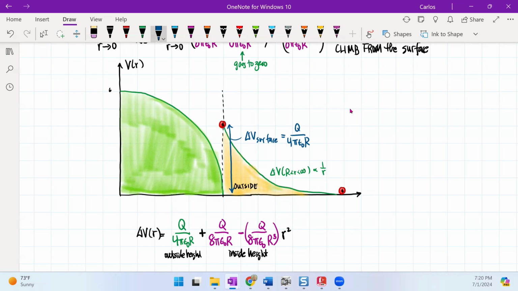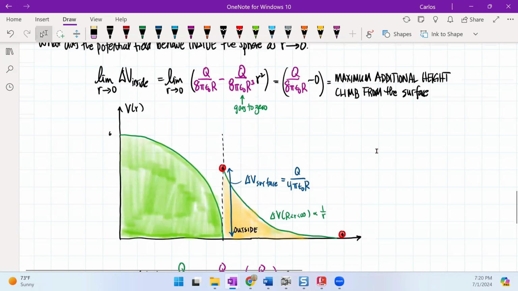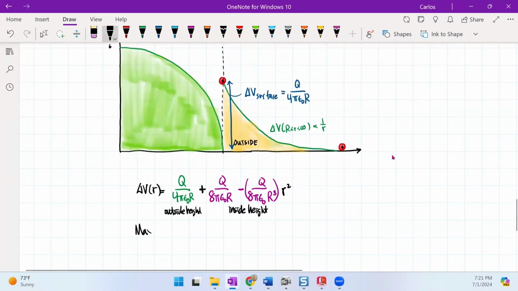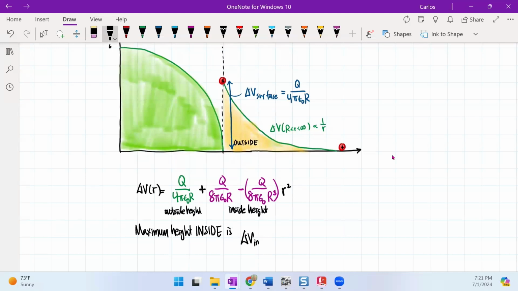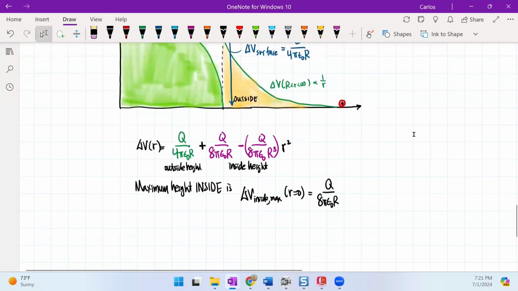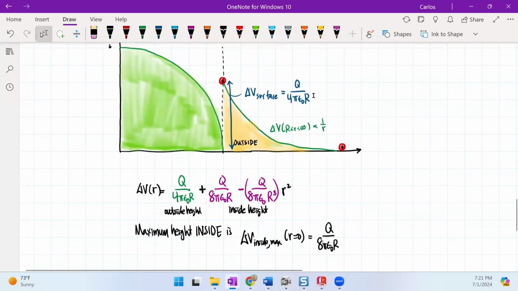What we said is that the maximum height inside is this guy here, which says that the maximum height inside is when r is equal to 0, which is then Q over 8 pi epsilon big R. If I look at this guy, you could see that this is half the size of this value at the surface here. I think that's half.